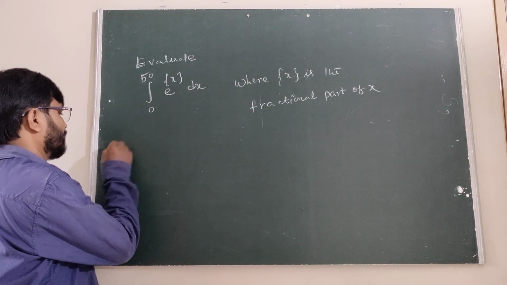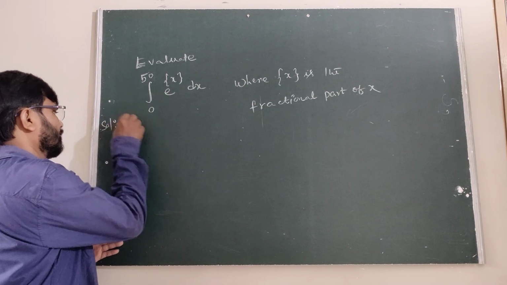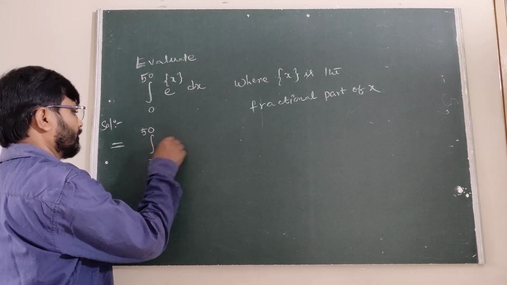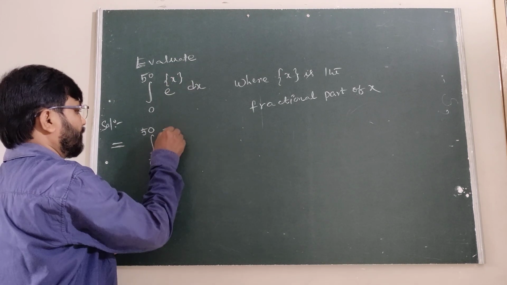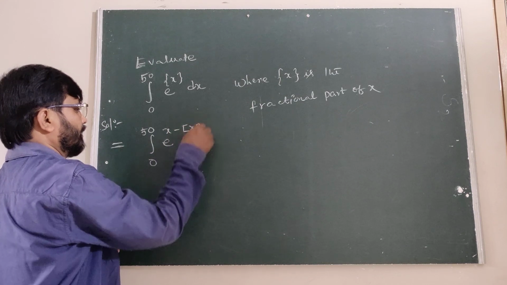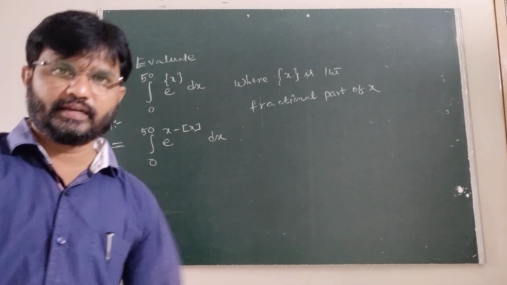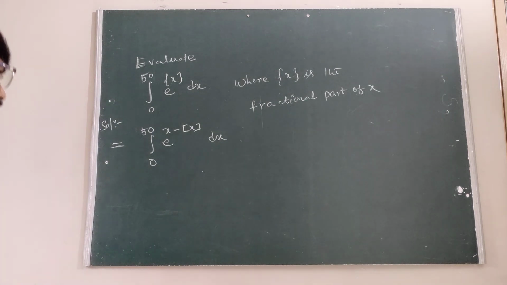We have to know that its solution is the integral from 0 to 50. The fractional part of x is x minus floor x. Therefore x minus floor x is the fractional part of x.